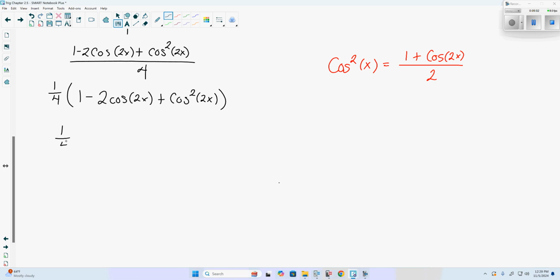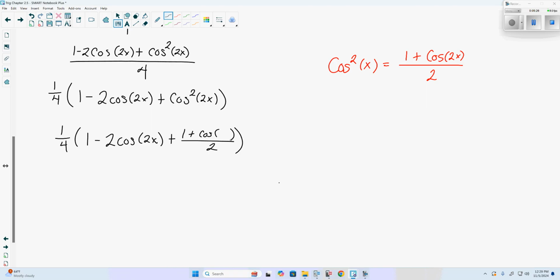Because at this point, we still have the 1/4. We still have the 1 minus 2 cosine of 2x plus, we need to put this power reduction formula in. We'd have the division of 2. We'd have the 1 plus cosine. But we don't have x. We have cosine of what? 2x.